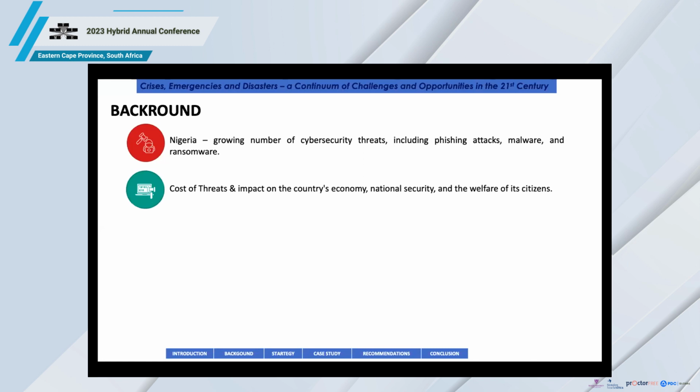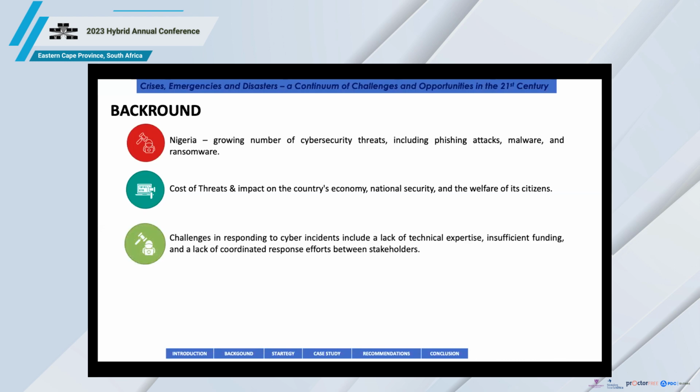Now, all these attacks come with their own sets of impacts also. So the cost of these on both the national security, the image of the nation, the economy as well in terms of the numbers and money, as well as indirectly affecting the welfare of the citizens, is one of the points that we looked at.